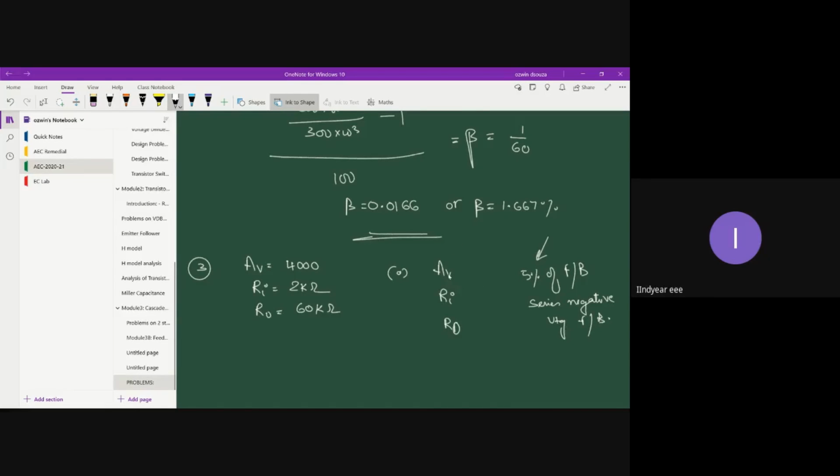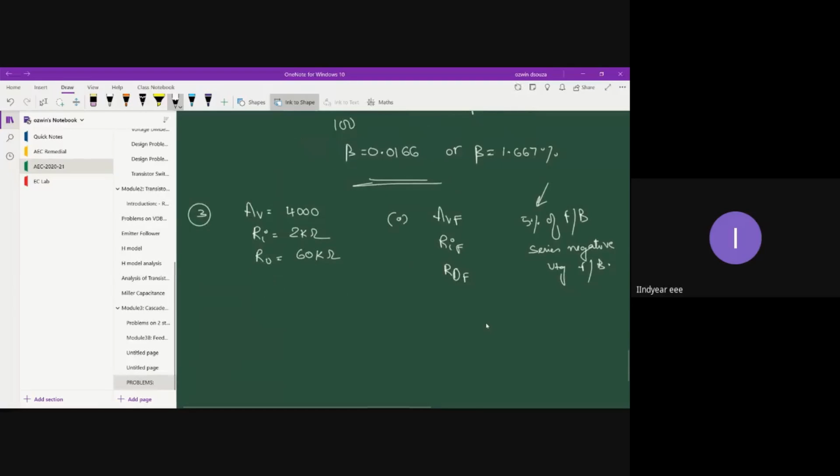Since you need to determine them in the presence of feedback, let us denote them as AVF, RIF, and R0F.